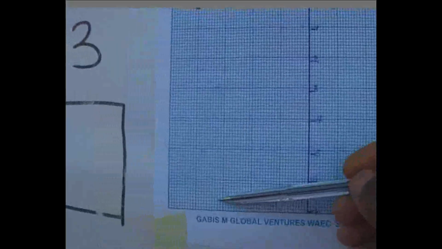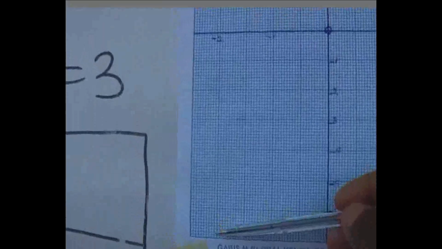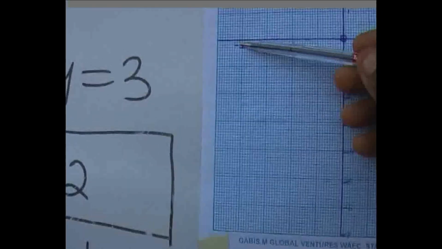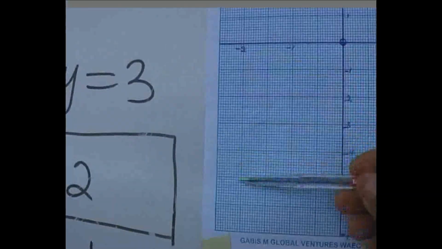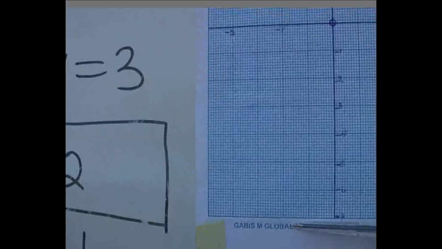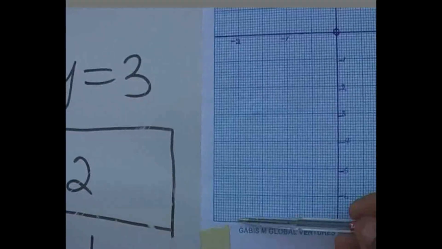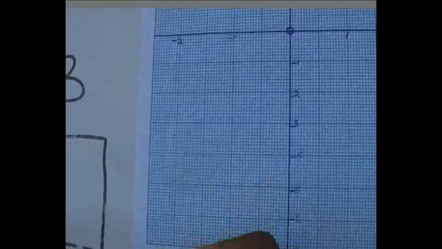So this line meets with the line of -x here. So join this line with this line. You can see that they met at this place. So put your point here.